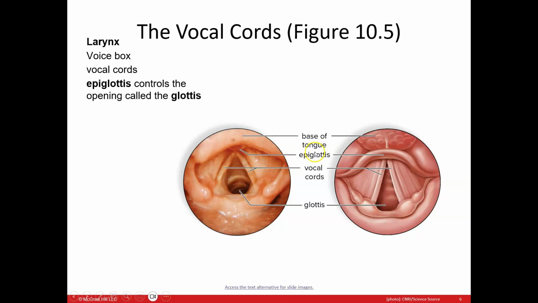We talked a little bit about the epiglottis when we talked about the digestive system, and you might remember that the epiglottis is a piece of cartilage that covers the glottis, or covers the entryway to the respiratory tract. So here's that entryway. It's the opening through the larynx called the glottis.